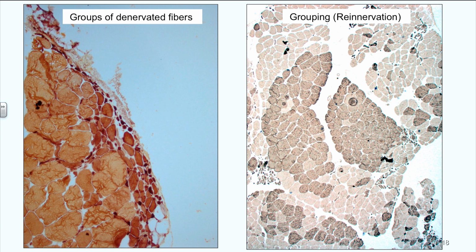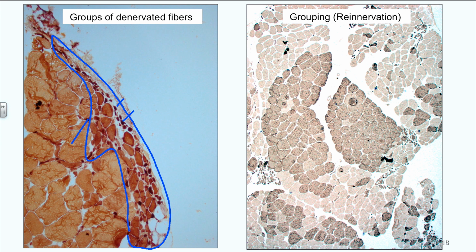If we do non-specific esterase in the biopsy that I just showed you, of course we are going to see zones of atrophic fibers, of which many would be very active or hyperactive with non-specific esterase.